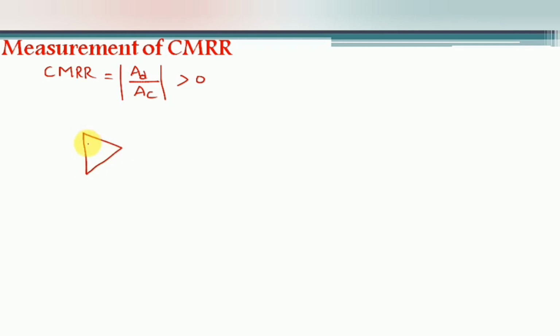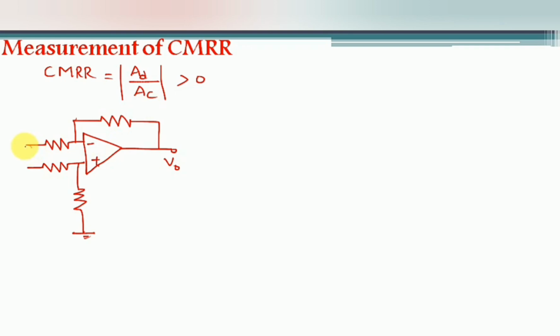So let us draw the circuit. Since the op-amp has two inputs, one an inverting input and the second a non-inverting input, in order to find the CMRR value for this particular circuit, we have to assume that the two inputs are applied with the same signal, since we have to find the common mode signal.